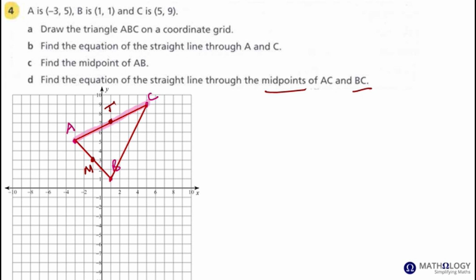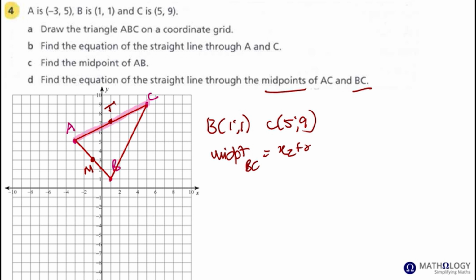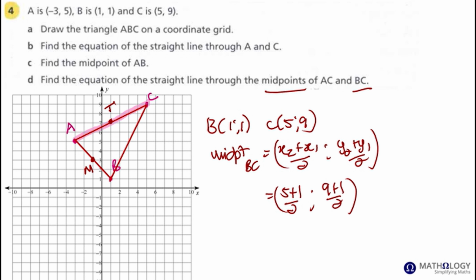We're going to find the midpoint of BC. So B is the point 1, 1. C is the point 5, 9. The midpoint of BC is x2 plus x1 over 2, y2 plus y1 over 2. So 5 plus 1 over 2, 9 plus 1 over 2. 5 plus 1 is 6 divided by 2 equals 3. 9 plus 1 is 10 divided by 2 equals 5.